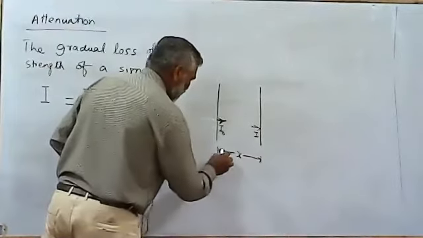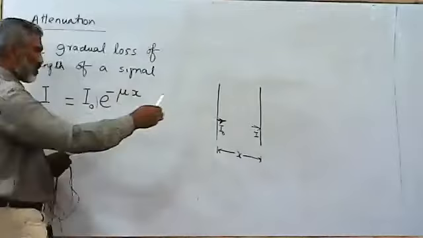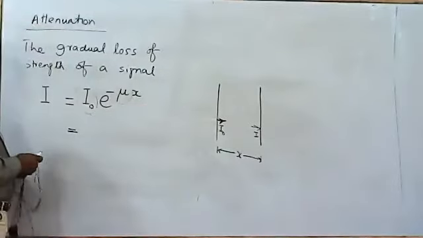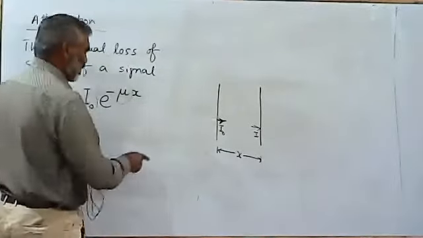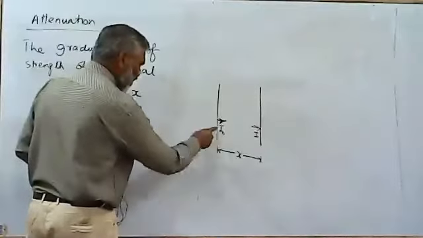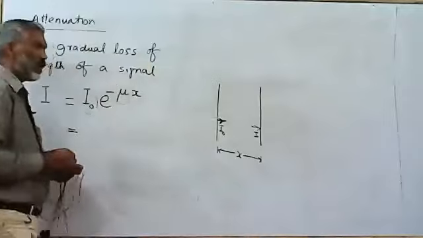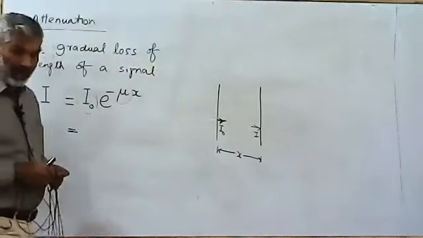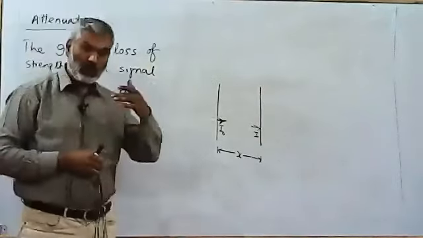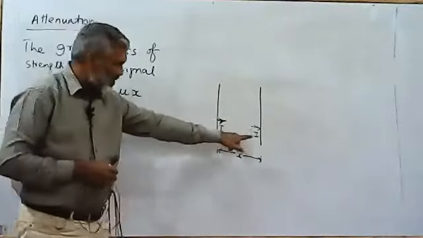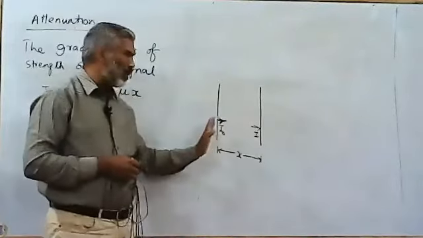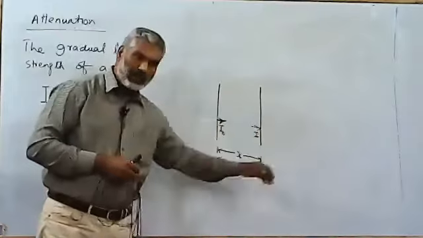This is the length of that medium in which ultrasound has traveled. It will gradually lose its strength, and this is the intensity that will remain upon reaching the end of this medium.